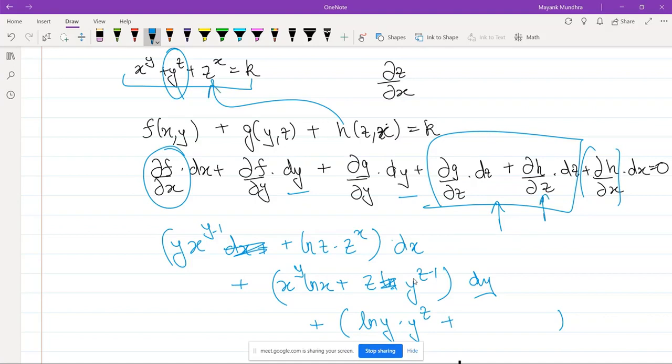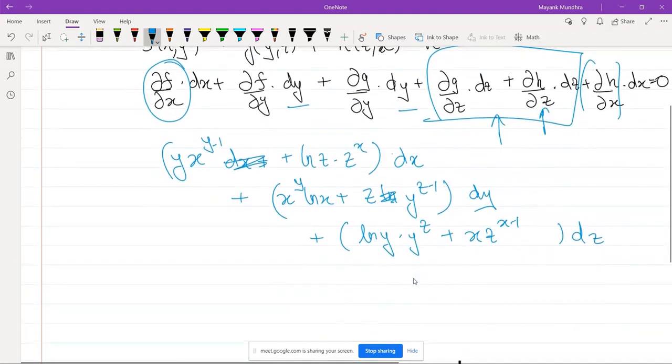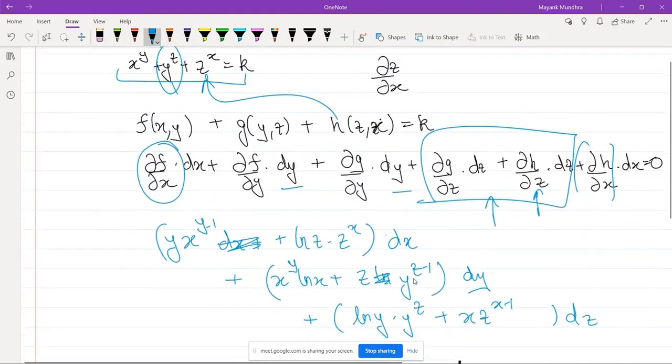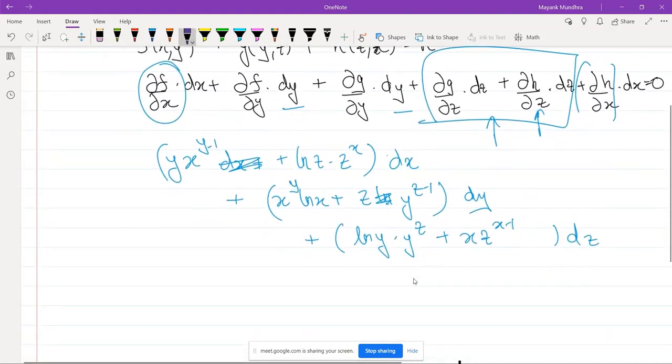This is your function h. Del h by del z is x into z to power x minus 1 into dz. Okay. So what I have to find is del z by del x, so this means dy should be 0.